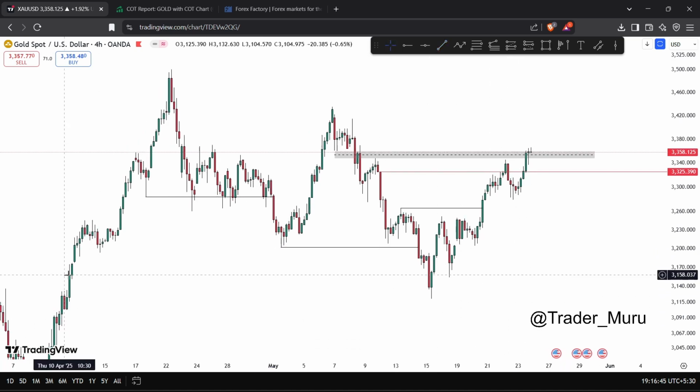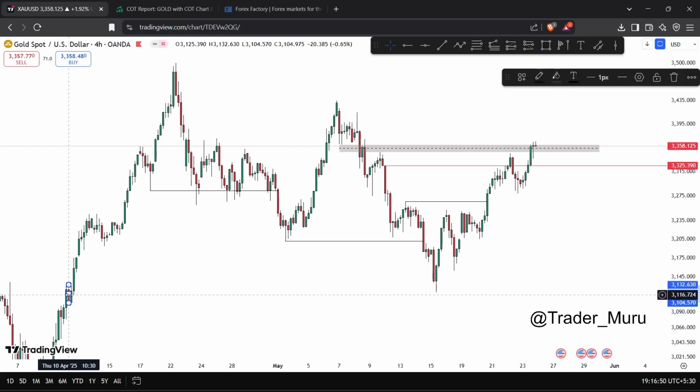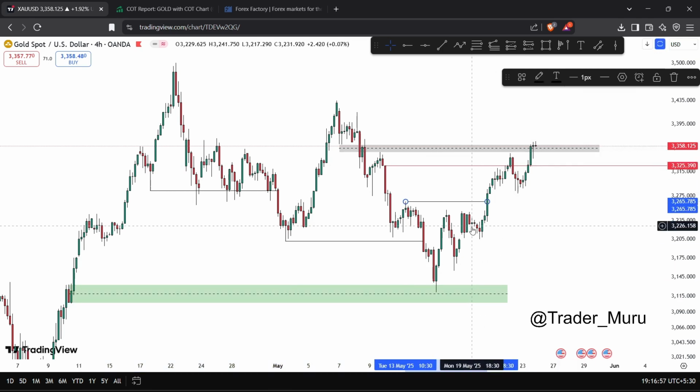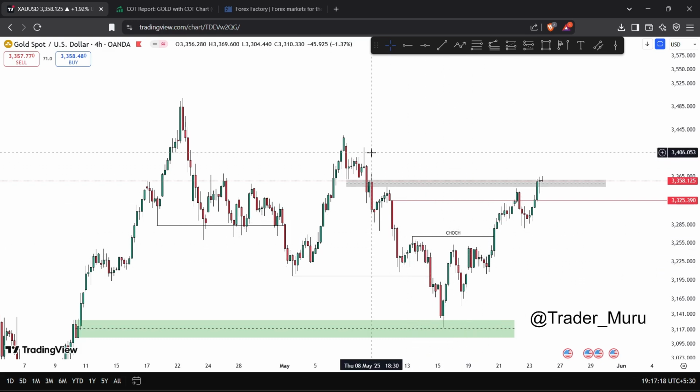But after testing this area here, there was a nice bounce and we have a break of structure in the 1-hour time frame. After that we have a change of character in the 4-hour internal structure. So mark it out, guys: this is an internal structure change of character, not an external.